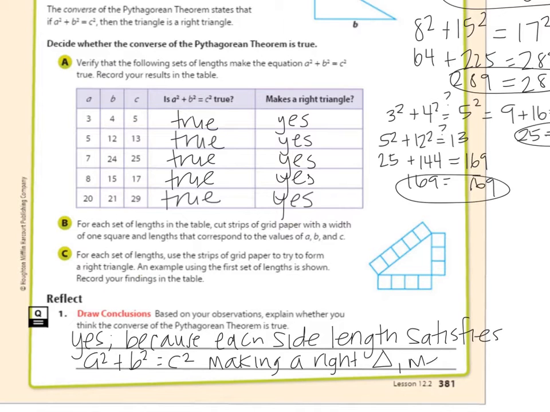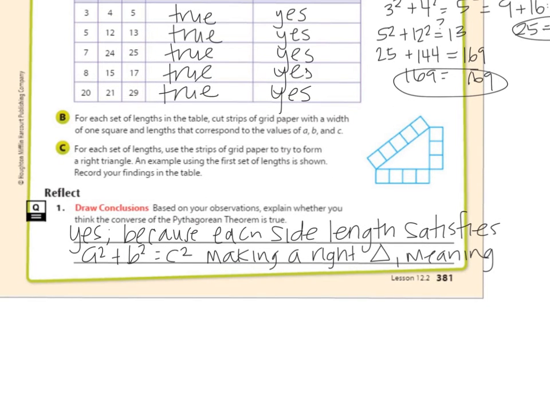Meaning the converse is true. So yes, since each side length satisfies a squared plus b squared equals c squared, which is the Pythagorean theorem, and makes a right triangle, this means that the converse is true. All right, so that's it for the first explore activity. Let's go ahead and see what we've got on our next.